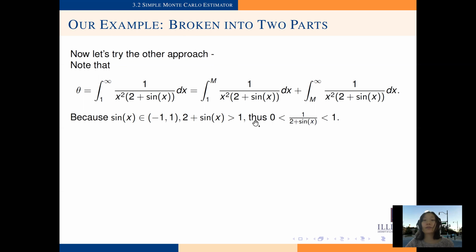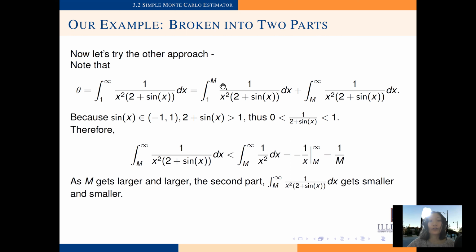So in this case, we know that its reciprocal, 1 divided by 2 plus sine of x, is bounded between 0 and 1. So what does this imply? This implies that our g of x function, which is the inside of this integral, is going to be less than or equal to 1 over x squared for all possible x values.